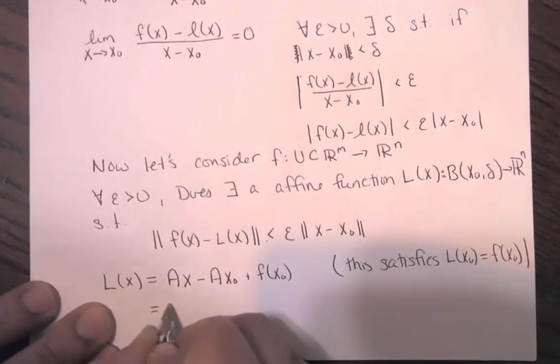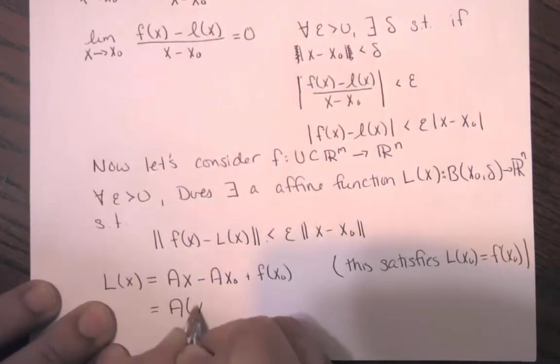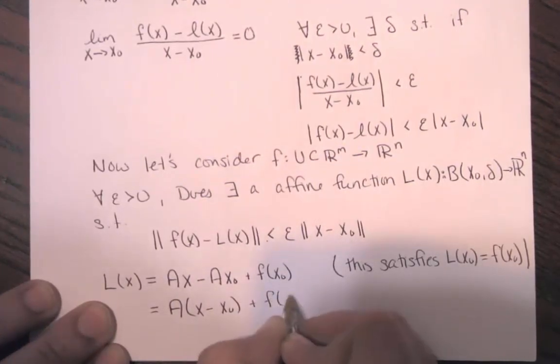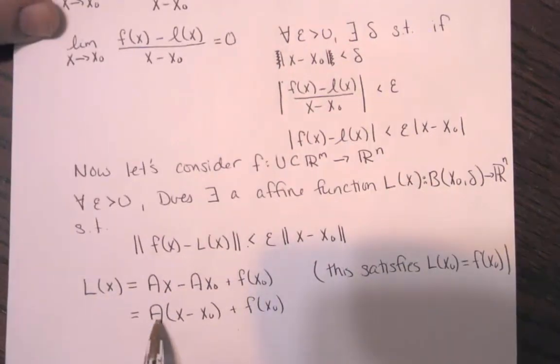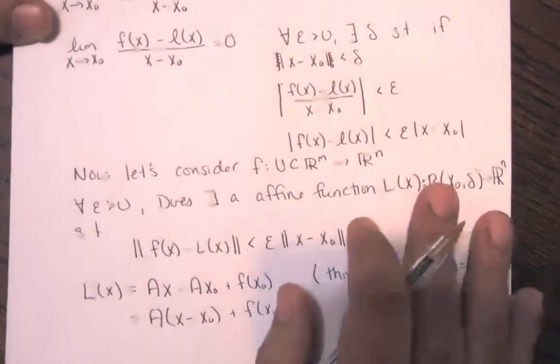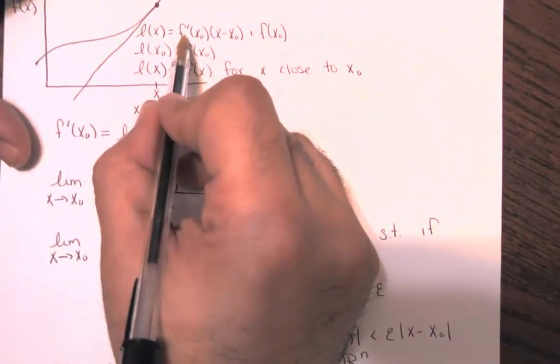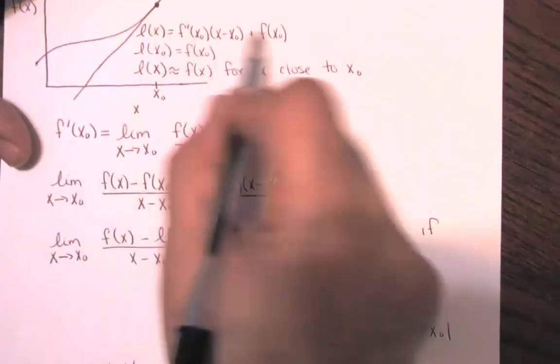This equals A times x minus x naught plus f of x naught. So here A plays the same role as the slope of the tangent line on the real line.